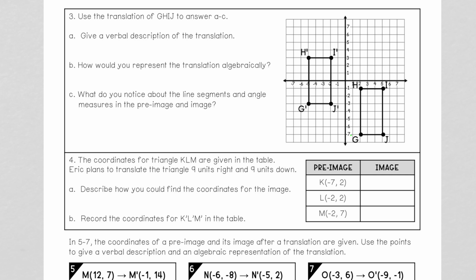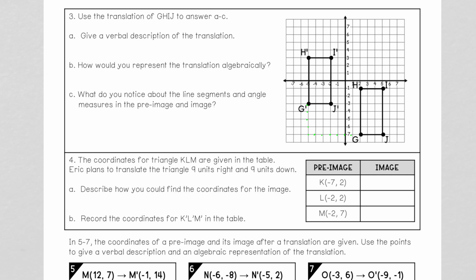So we got 1, 2, 3, 4, 5, 6, 7 units left. All right, so minus 7, and then up 1, 2, 3, 4.